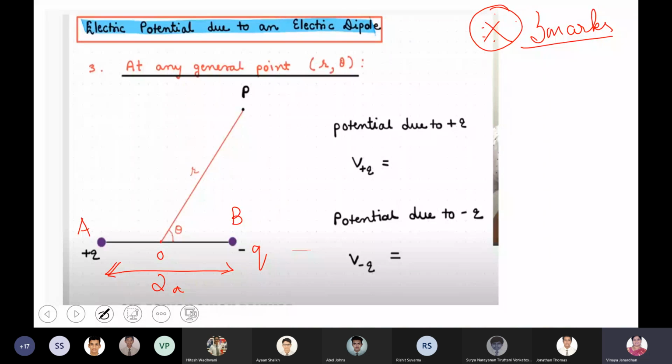And the distance between point P and the center of the dipole, O, is r. Is that clear, boys? Please start drawing the diagram.